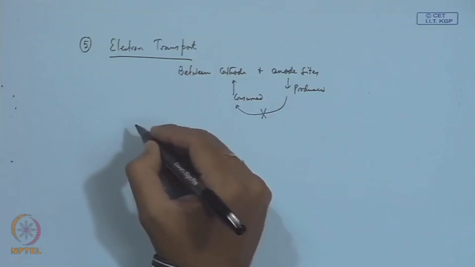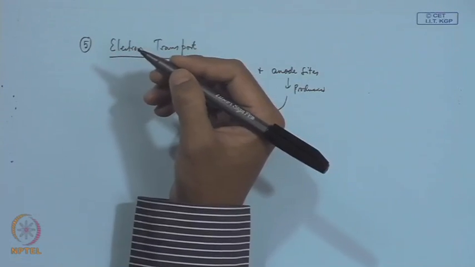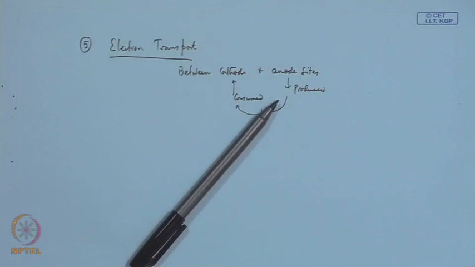Now, in summary, these 5 points I mentioned, 1, 2, 3, 4, 5, are the processes that are necessary for corrosion to occur. Wherever this happens, corrosion is there.